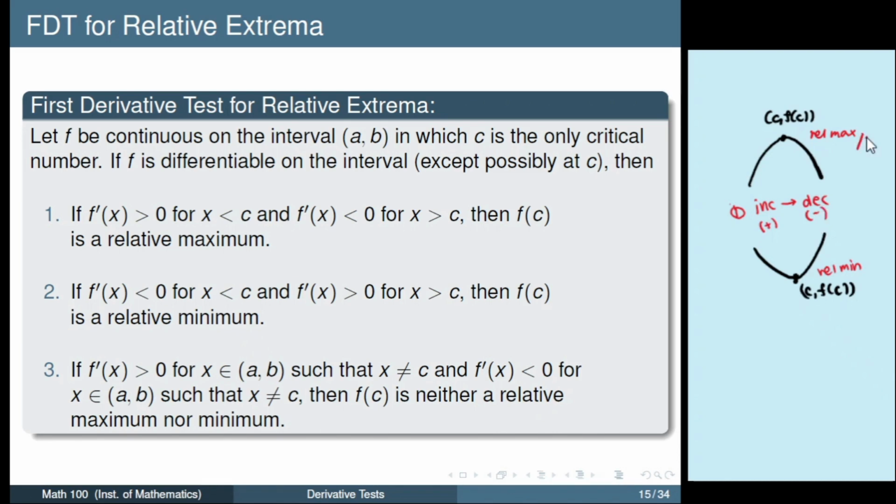Okay? At dun nga sa second case, kapag decreasing naman to increasing, that means the sign changed from negative to positive, then we have a relative minimum. Okay? So that is FDT, or the first derivative test for relative extrema.